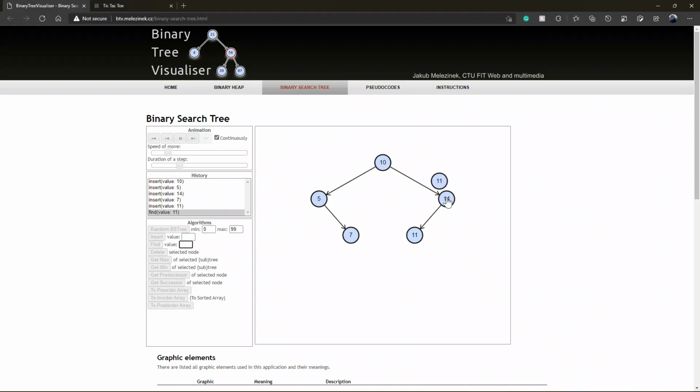No. Is this 11? No. Is this 11? Yes. And that only took 3 steps at worst out of the 5 right now. So a little bit faster. As long as this is balanced, it's going to be halving this every time, and it's only going to take log n steps to actually find stuff.